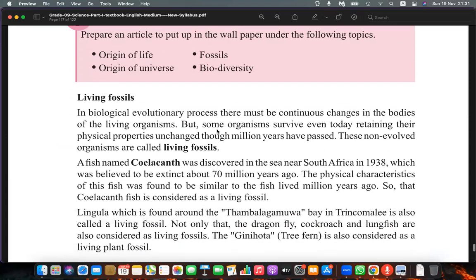A biological evolutionary process must involve continuous changes to the bodies of living organisms, but some organisms that survive today were there in long ago times also. They were not much affected by this evolution. Here, some organisms survive even today, retaining their physical properties unchanged though millions of years have passed. These non-evolved organisms are called living fossils.